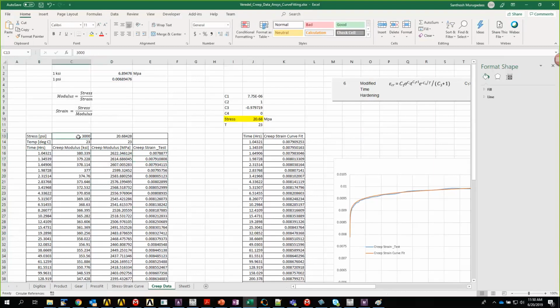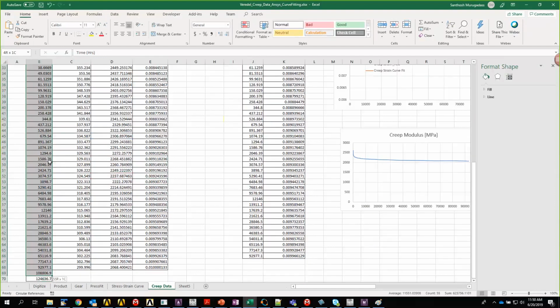So in this case, we know the stress at which this test is done is 2.6 MPa. So we know the stress, we know the modulus at different times. So eventually what we can do is calculate time versus strain.